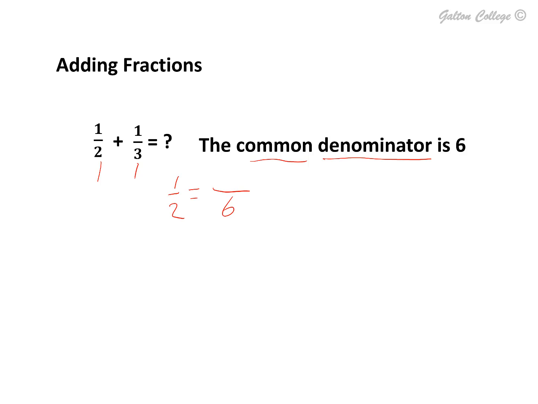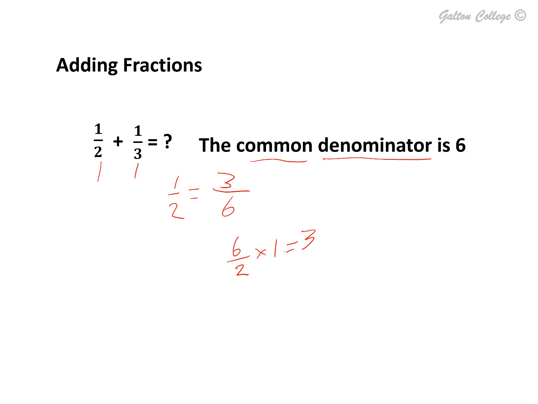The way you do that is divide the 6 by the 2, which is 3, and then multiply it by the 1. So we divide 6 by 2 and multiply by 1, which is equal to 3. So 3 over 6 is the same as a half.